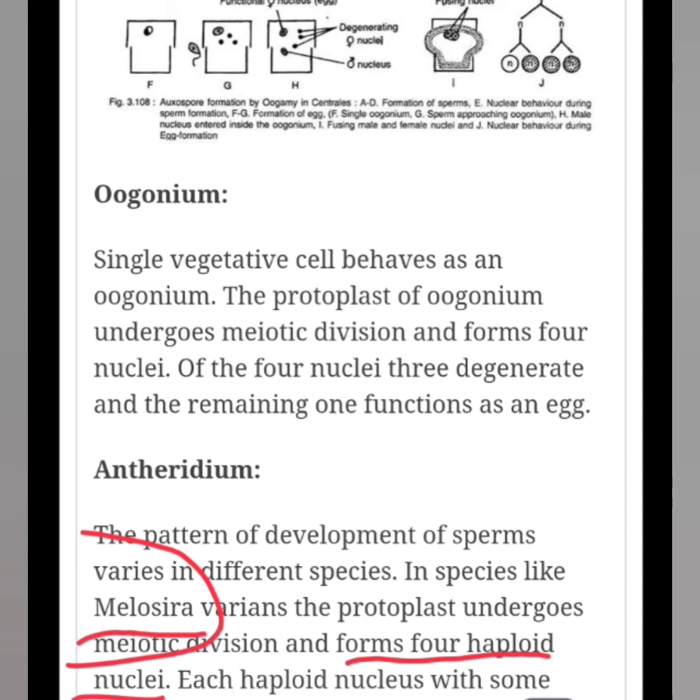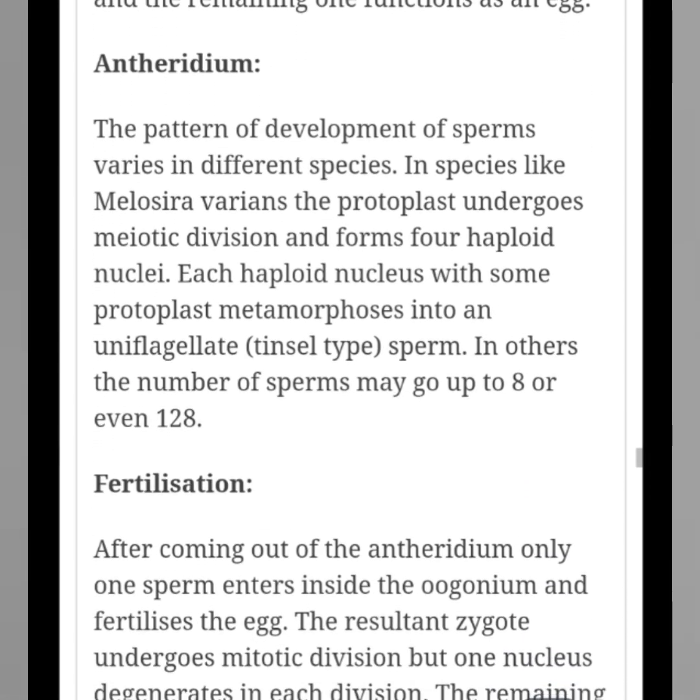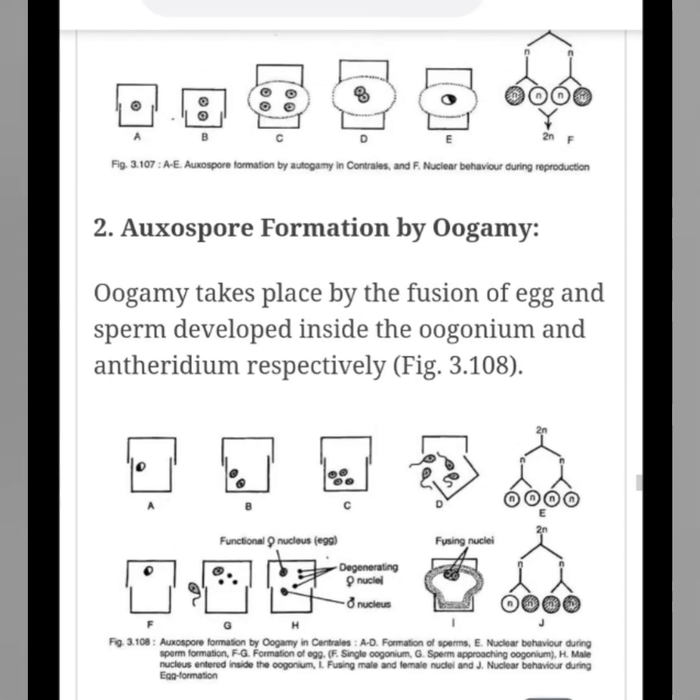So now you understand the formation of the egg and the sperm. So what happens when these two form? After coming out from the antheridium, only one sperm will enter inside the oogonium, and it will fertilize the egg. All right, so in this figure, what do we see?